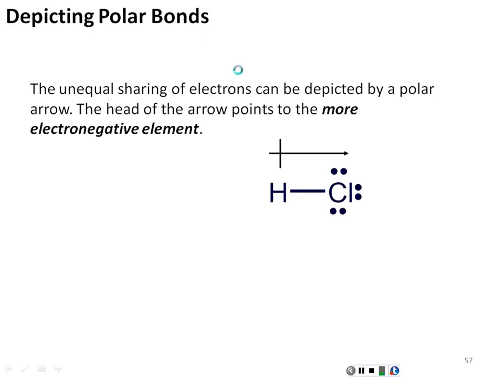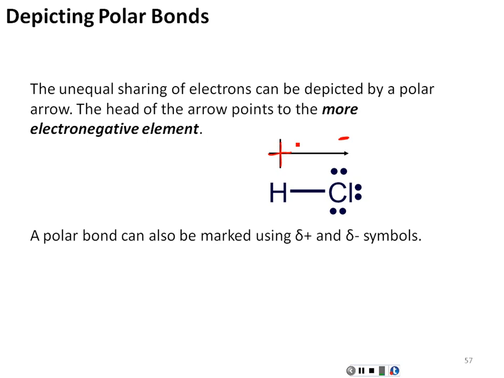Now we've talked a little bit about this, but here are some ways to depict polar bonds. And one is using the dipole arrow. The head of the arrow points to the more electronegative element, and the plus side end of the arrow is towards the positively charged, or the least electronegative element.